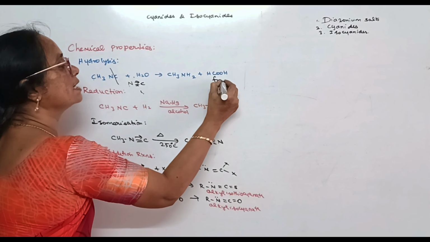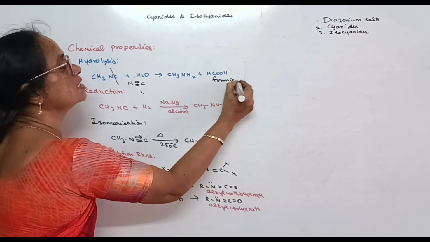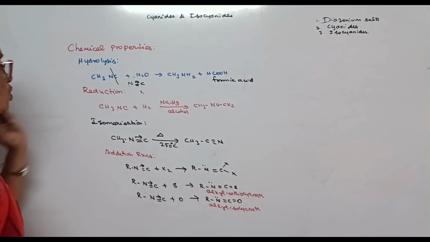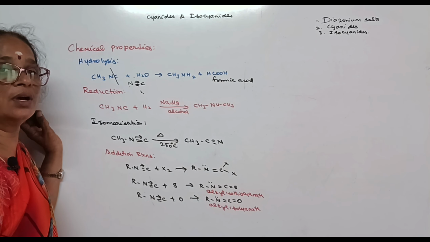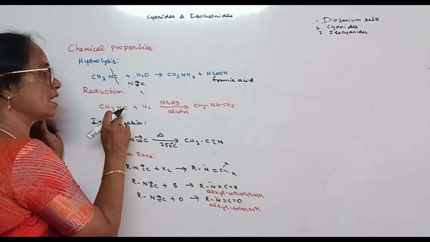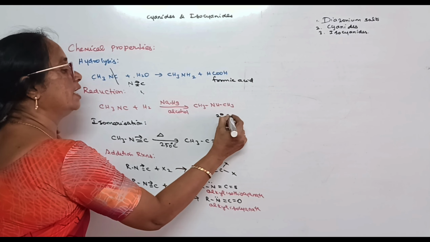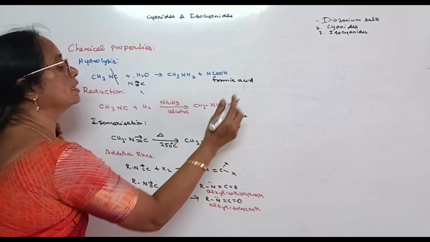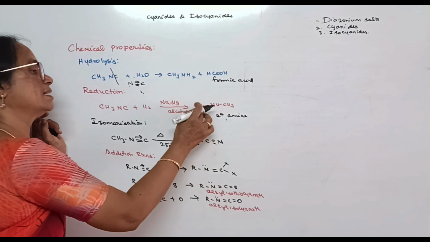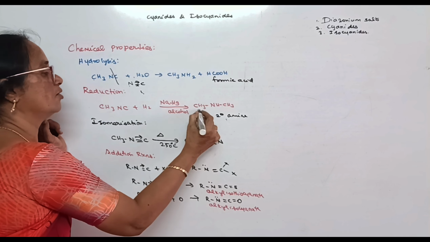So formic acid and methylamine are formed. The next one, reduction. Cyanides on reduction give primary amine. Isocyanides on reduction give secondary amine. So we are getting N-methyl methanamine, or we can say dimethylamine is formed.